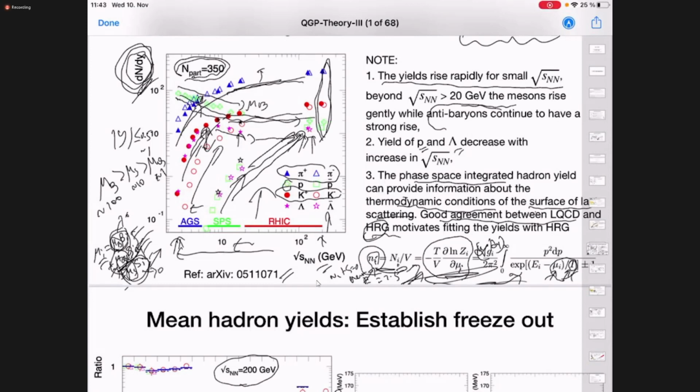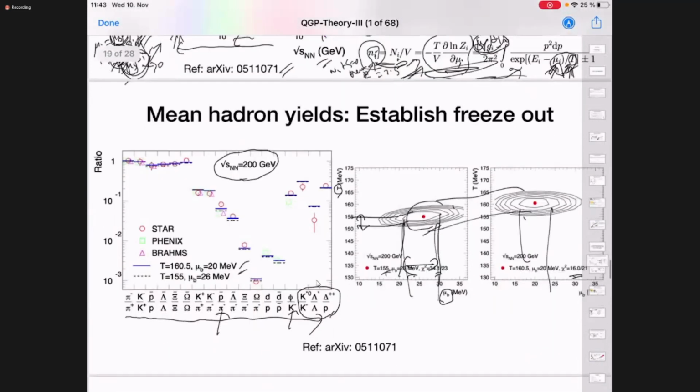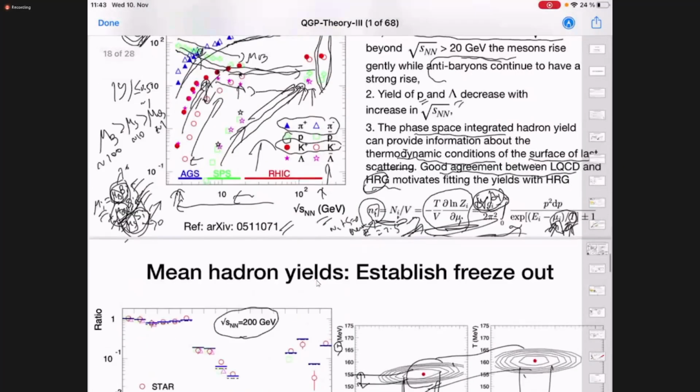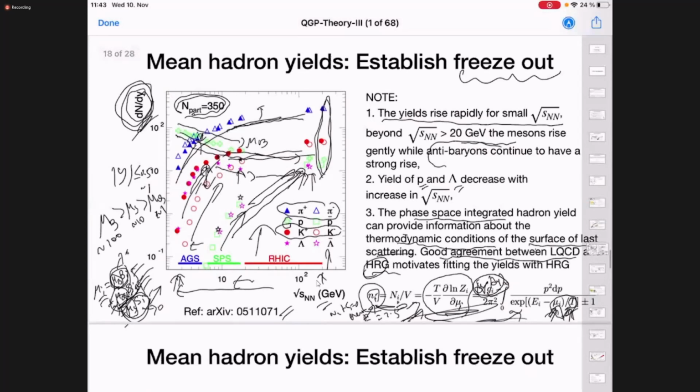You have a T, you have a mu B, and you have this dV by dy, because this N here is like dN by dy, so this V has to go here, which you have to fit and find out.